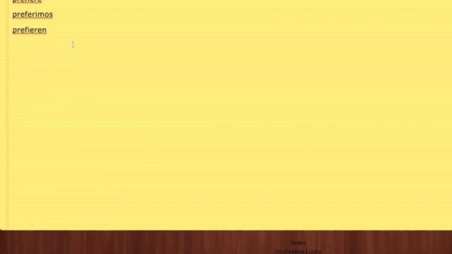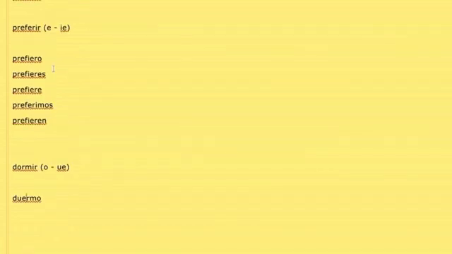So like an O to UE, it's very common, maybe the most common one I see. So dormir, for example, the common one. To sleep, right? I think you sleep in dormitories, sleep in dorms, so dormir, to sleep. So if I were to say I sleep, dormo, and then going from an O to UE, duermo. It's going to work the same as this with all the same endings.